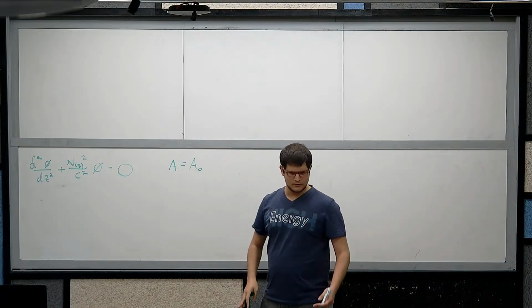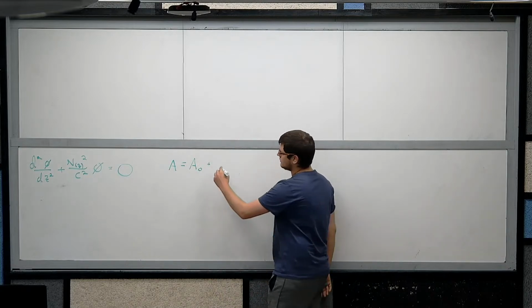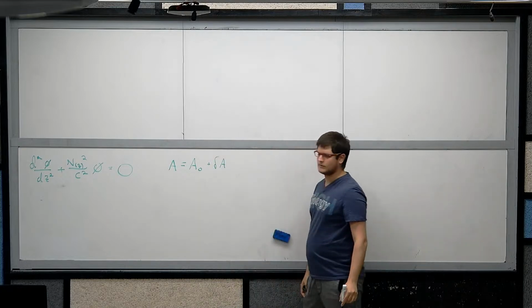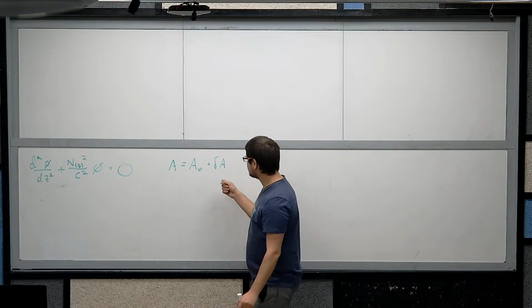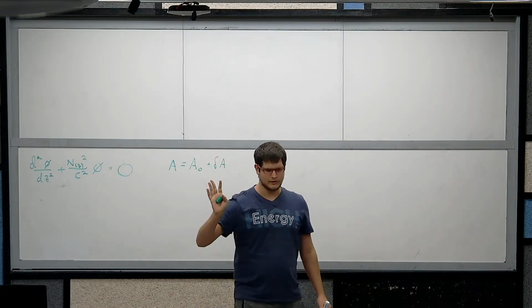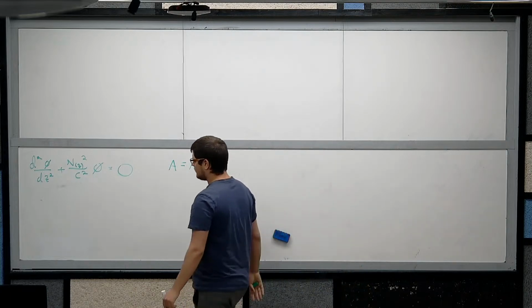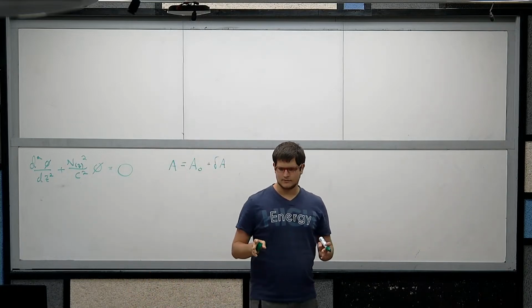And then you add a perturbation from that, usually denoted delta A. All things of order delta A squared, you just throw away out of the equation, linearize, and then you're supposed to get the solution.